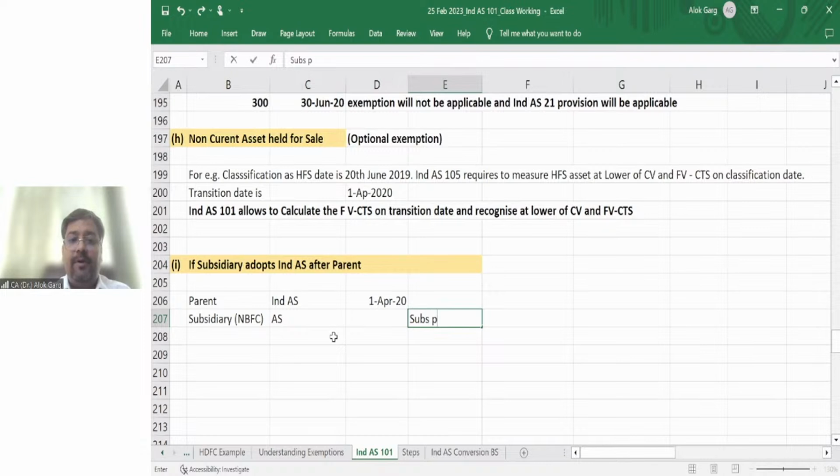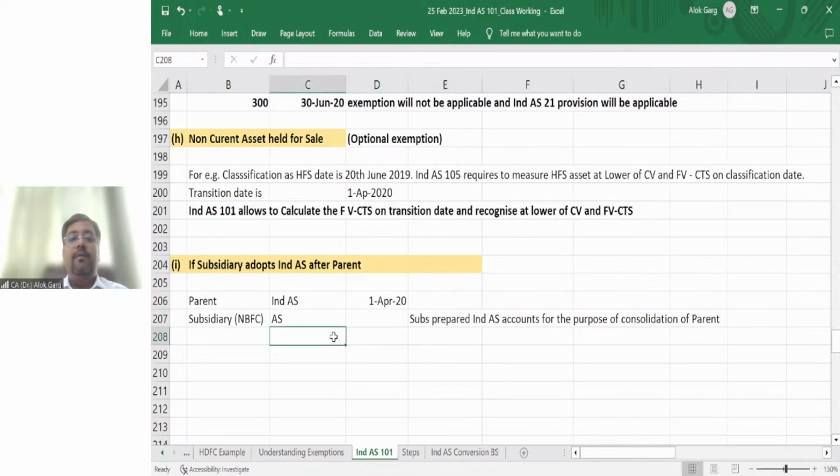the subsidiary prepares Ind AS accounts for the purpose of consolidation of the parent, right? But for the statutory purposes, the subsidiary is only preparing AS accounts.